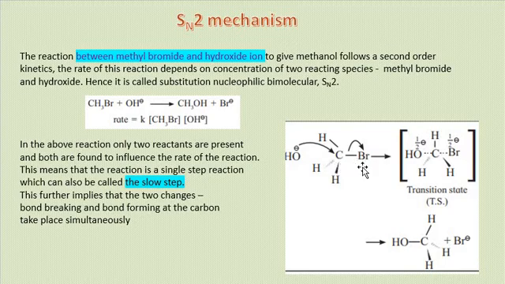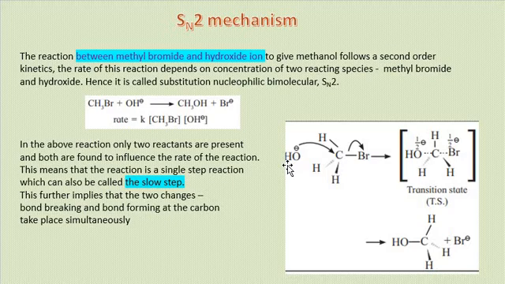Who is the leaving group? Br. And from the backside the nucleophile is attacking this carbon. Why? To avoid steric repulsion, which could happen if it were coming from the front side. So the nucleophile and the leaving group would have repulsion between them.